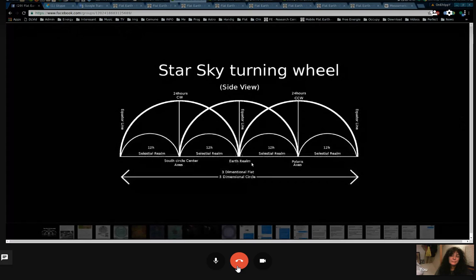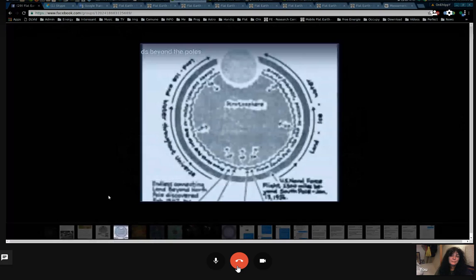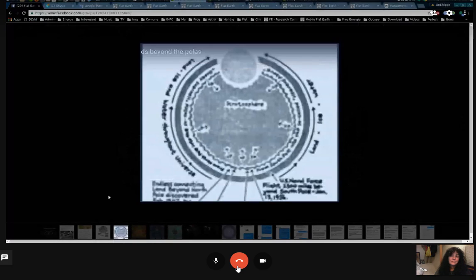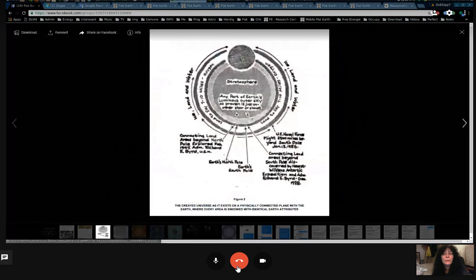What is actually this? And where we see the Earth circle here between the poles. Which, of course, we see as a straight line, because this is 4th dimension.